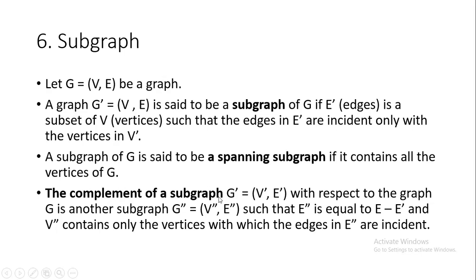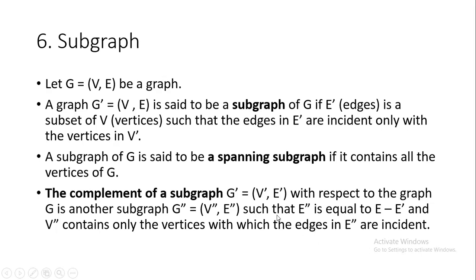The complement of subgraph G dash equal to (V dash, E dash) with respect to the graph G is another subgraph G double dash equal to (V double dash, E double dash) such that E double dash is equal to E minus E dash, the relative complement of E dash, and V double dash contains only the vertices with which the edges in E double dash are incident.